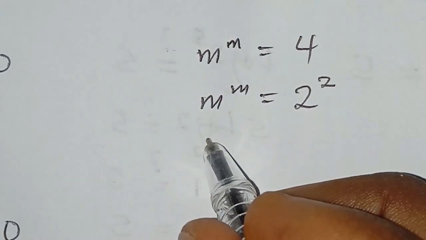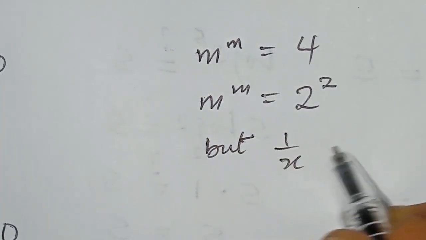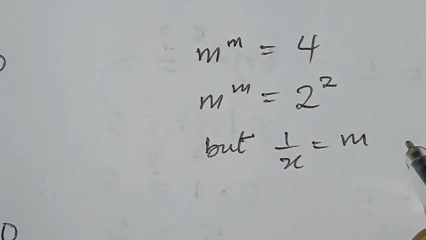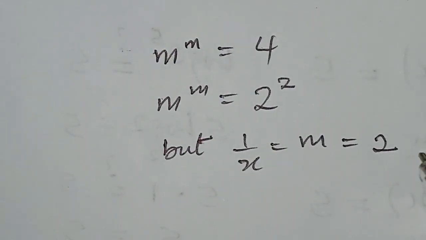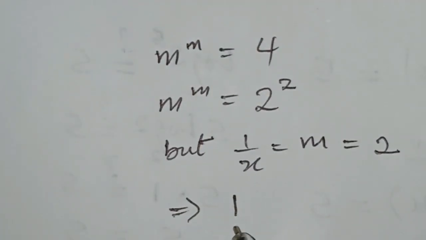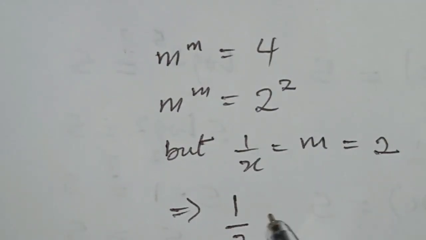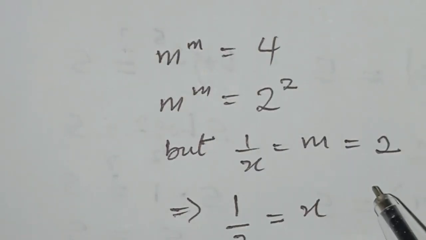But we know that 1 over x is equal to m. So m will be equal to 2, and it implies that 1 over 2 will now be equal to x, if we replace m with x.